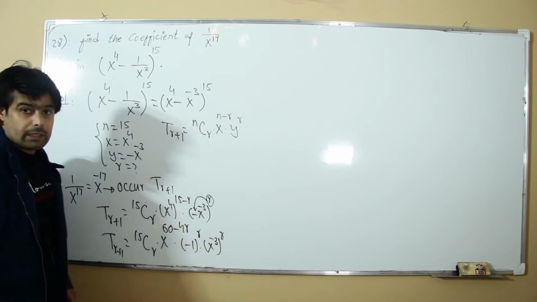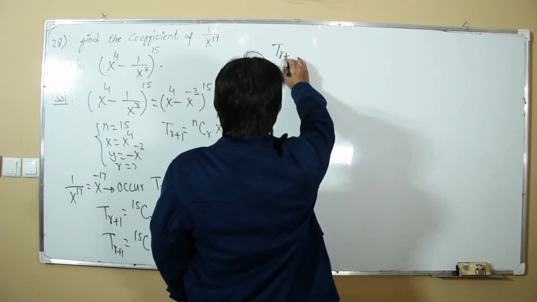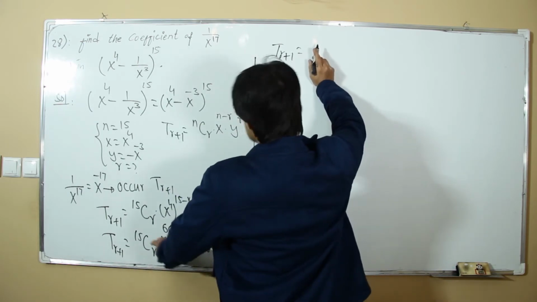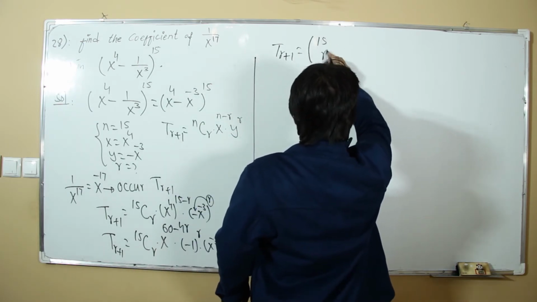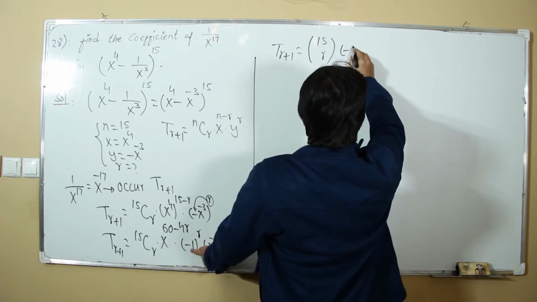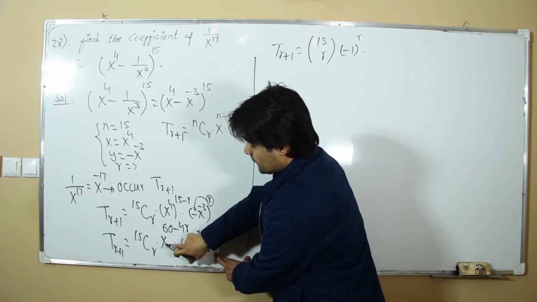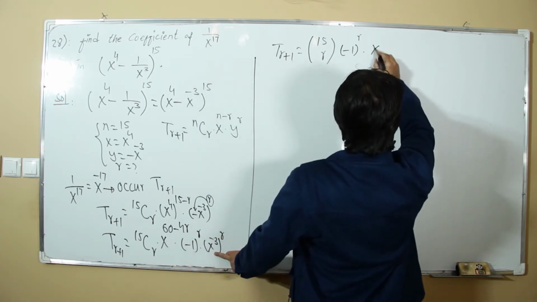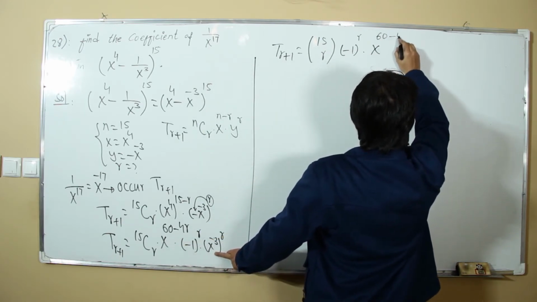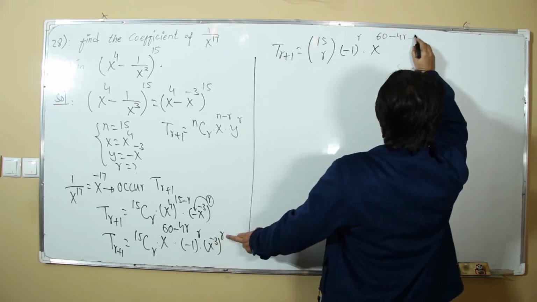Am I right? Yes. If you simplify, t r plus 1 is 15 c r, times minus 1 raised to the power r. This x with this x, the bases are the same. You will have 60 minus 4r, and this minus 3 with r is minus 3r.